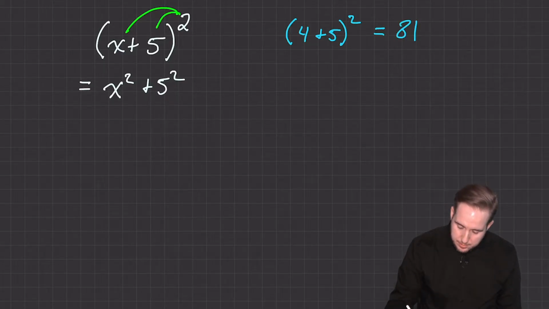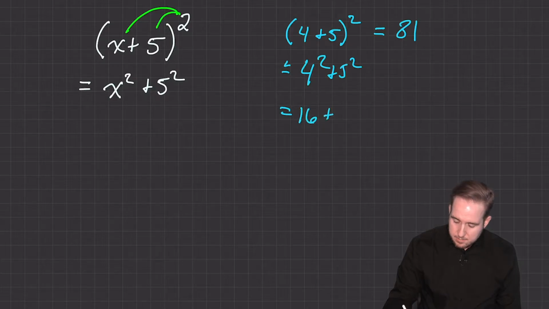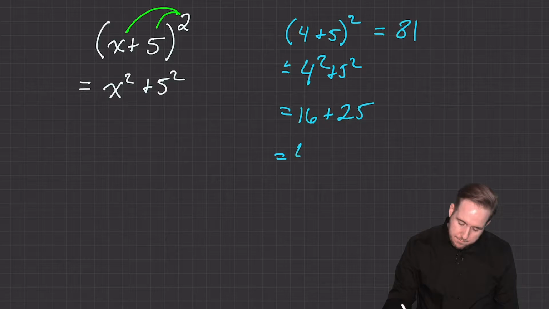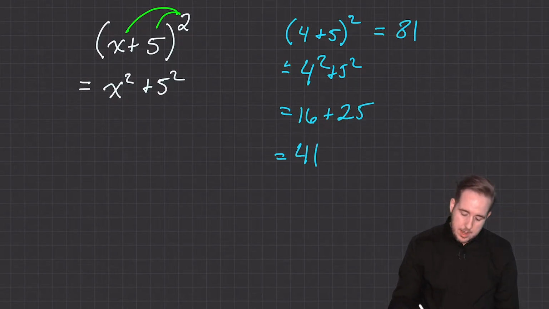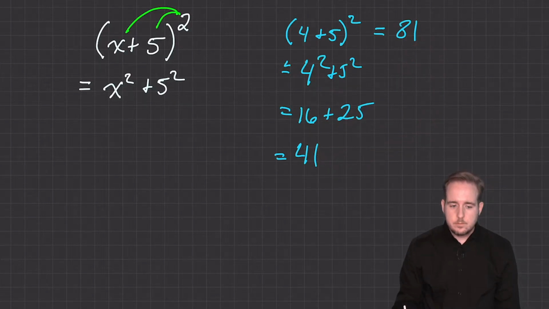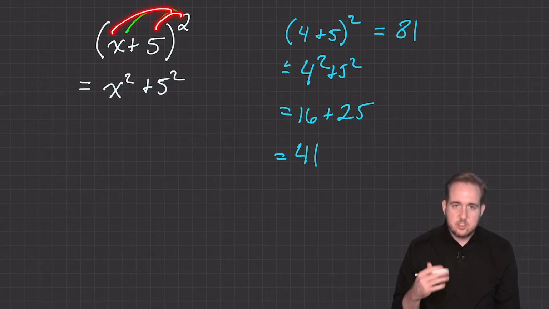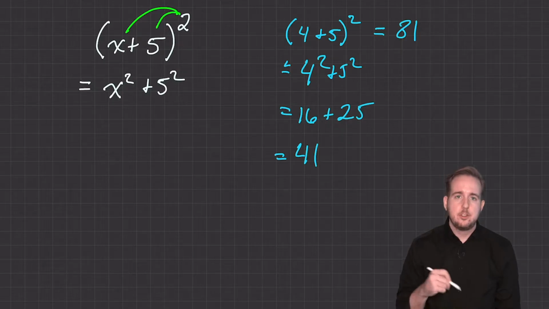But if I do it this way, 4 squared plus 5 squared, 4 squared is 16, 5 squared is 25, and if I add these two together, I get 41. 41, as numbers go, is really far away from 81. So whatever is going on, that is not a rule I can use. Doing this is not a valid shortcut. By doing that, you are guaranteeing that whatever answer you get will be wrong.